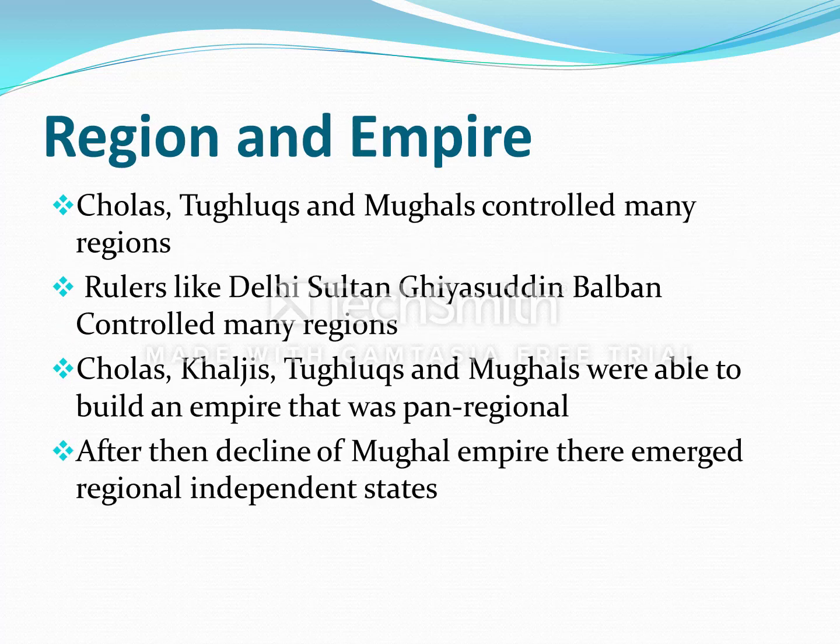The next important topic is the regions and the empire. During this period, rulers like the Cholas, the Tughluqs and the Mughals controlled many regions. For example, a Prashasti about Ghiyasuddin Balban. He was a famous Sultan of the Slave dynasty.